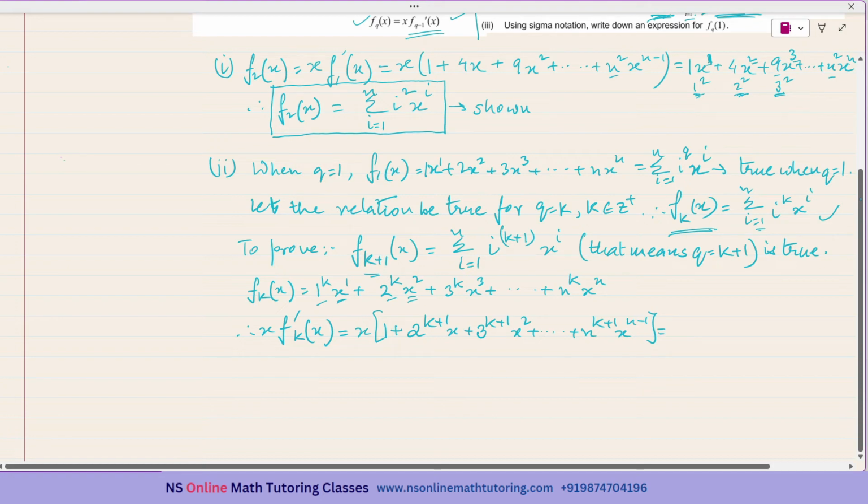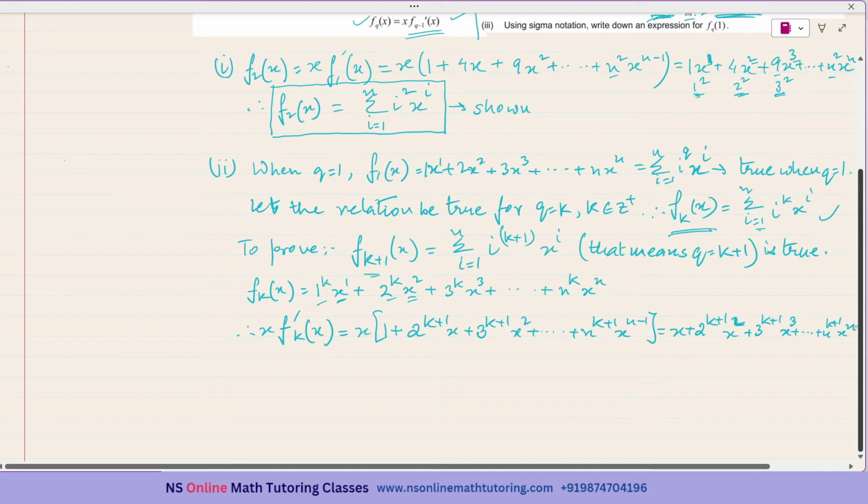This when multiplied by x will be giving us x plus 2 to the power of k plus 1 x squared plus 3 to the power of k plus 1 x cubed plus dot dot dot plus n to the power of k plus 1 x to the power of n.